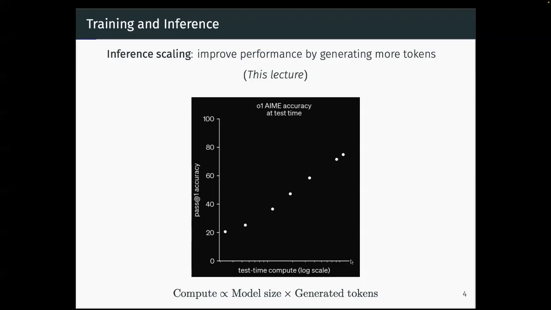As it increases, this model is getting better performance on this mathematical reasoning benchmark. This is a plot from OpenAI. We don't know what methods they're using, but luckily the research community has developed a variety of methods, and we can look at exactly how they work.